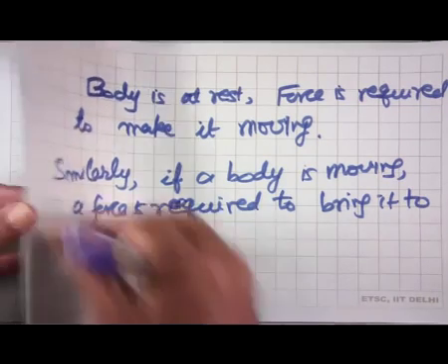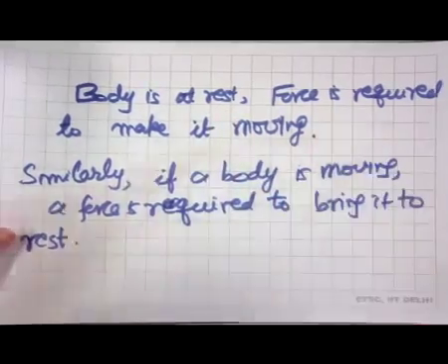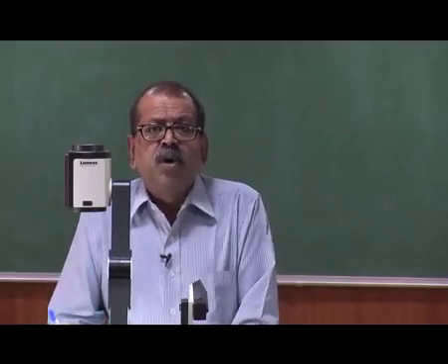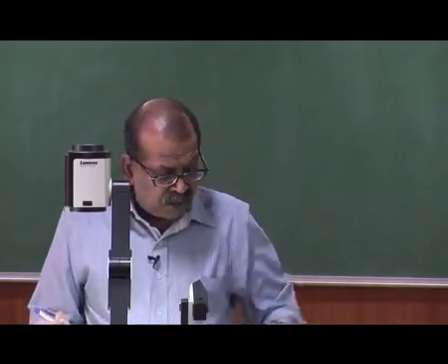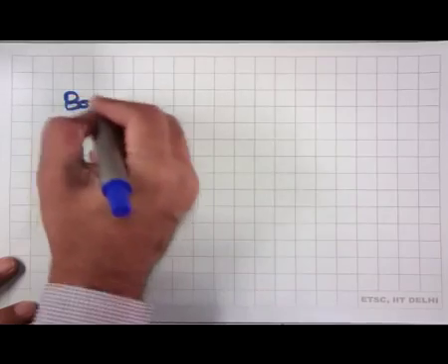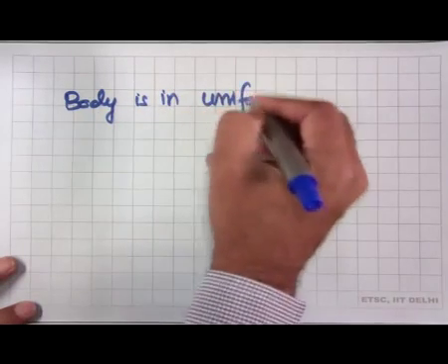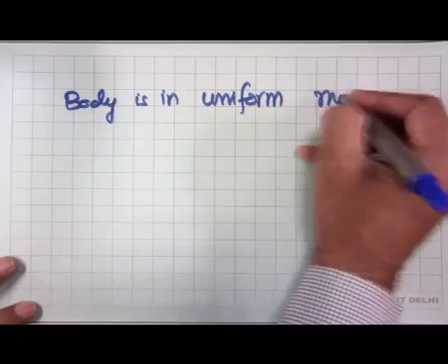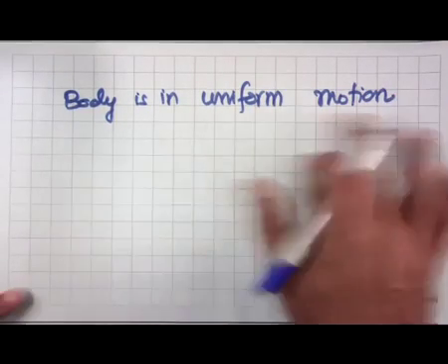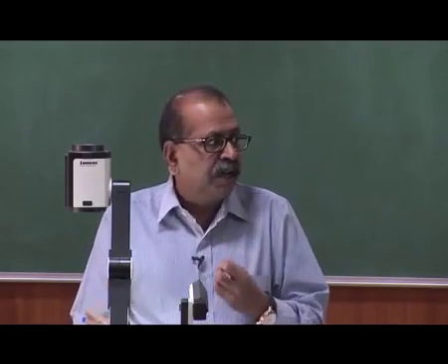But the next question which we ask is, it is very clear a body at rest, to make it start moving, force has to be applied. If a body is moving, if you want to stop it, a force has to be applied to it. But then the question comes, if a body is in uniform motion, we have explained this before, but let us try to understand this, because we will be using this term uniform motion again and again.